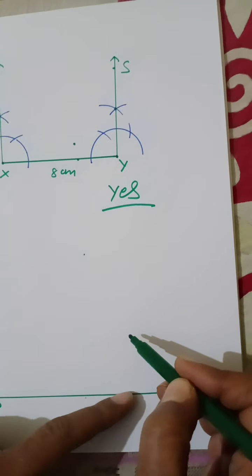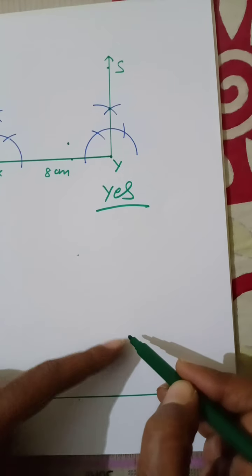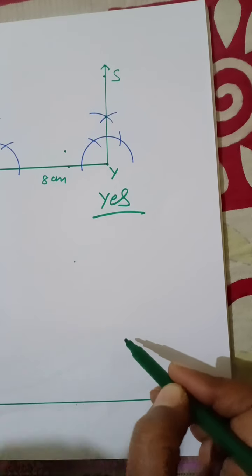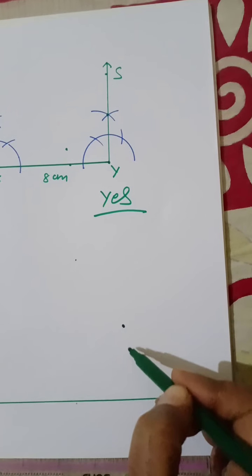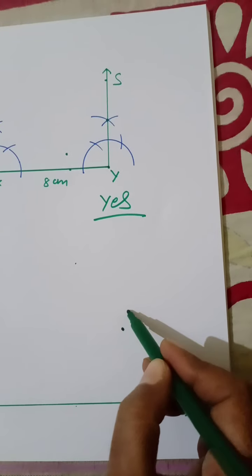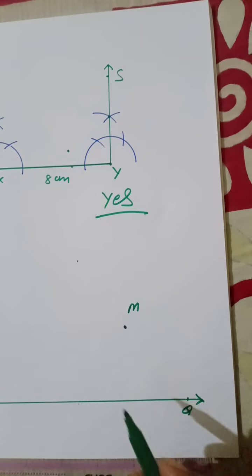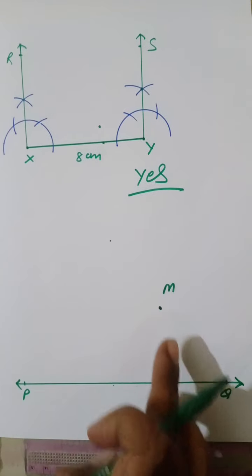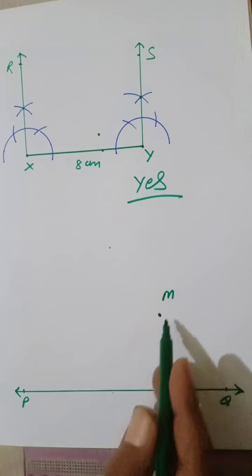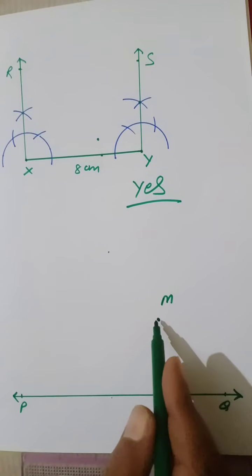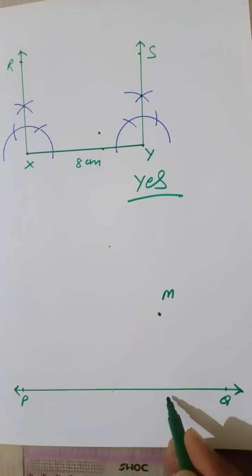You will take this line about 4 or 5 lines of your notebook. I have taken it towards the right, a bit right side. I will tell you why I have taken it here. Okay, now we will take a point here also. I have taken it towards the right.